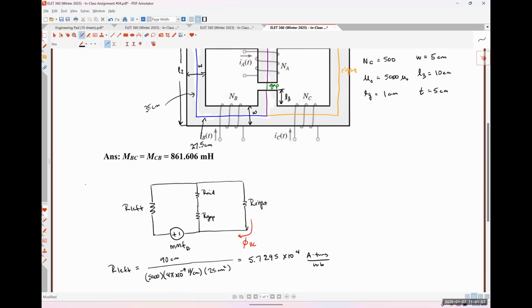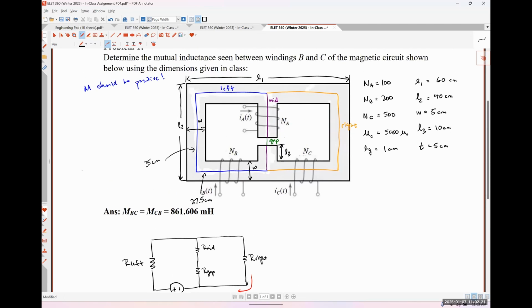For what it's worth, when I'm looking at my solution right here, I see where I have 5.411 times 10 to the 4. I broke it down into a top left, a left portion and all of that kind of good stuff. So when I'm looking at my top left thing, I have 1/2 L1 minus a whole W, which actually doesn't make sense to me. It should be 1/2 of an L1 minus half of a W. So I think that's why it's slightly off, as I had an error in my solution.